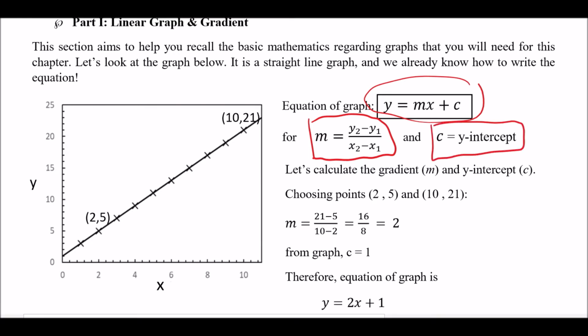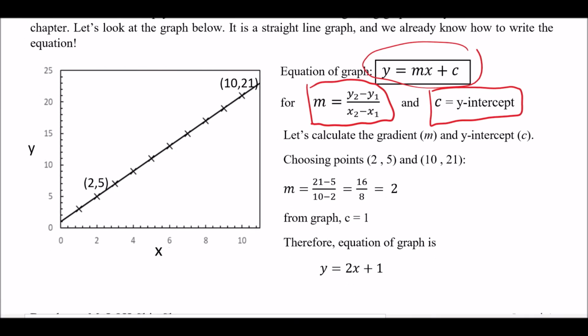So how do I calculate gradient? If you are given a graph, all you have to do is to find two coordinates that lie on the graph, and try to find two that are convenient. So for instance, I have chosen this and this point here as the 2 points that I'll take reference to. All I have to do is note down their coordinates, on the graph itself or by the side, it's fine.